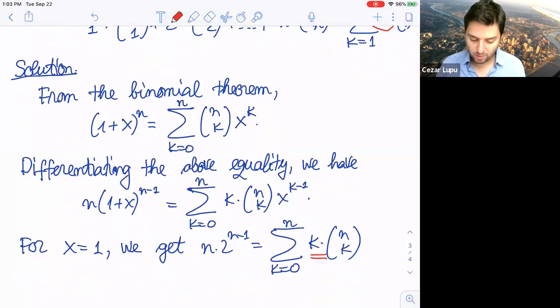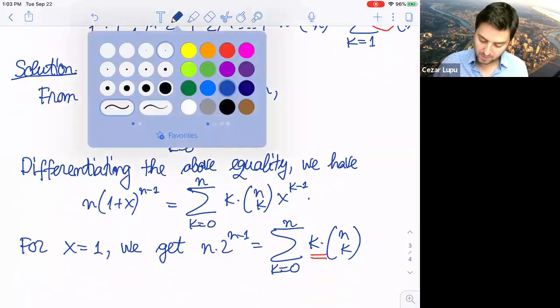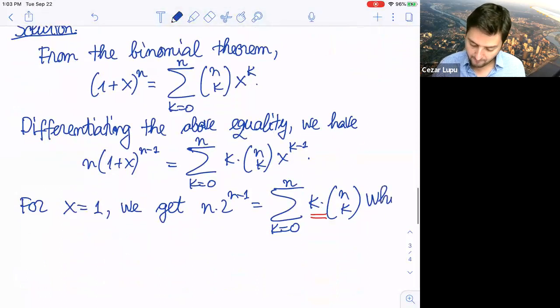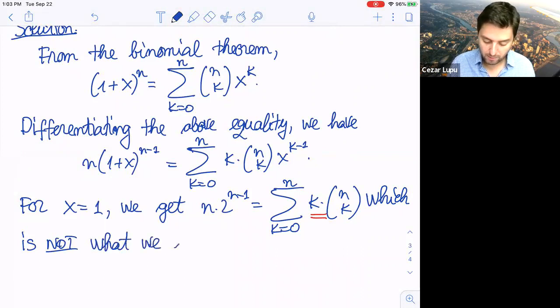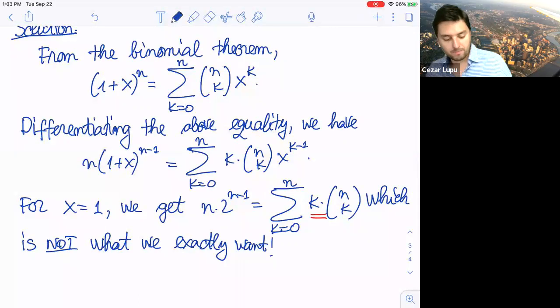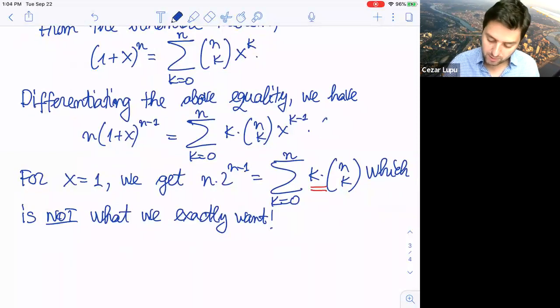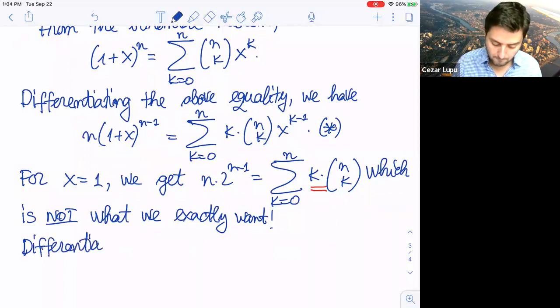This is not exactly what we want, but anyway, it's a nice identity. Let's call this star. So differentiating star again.